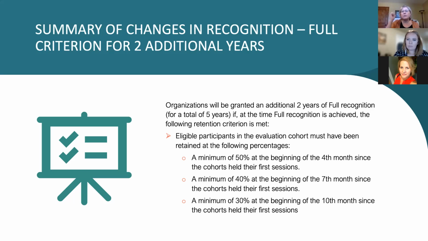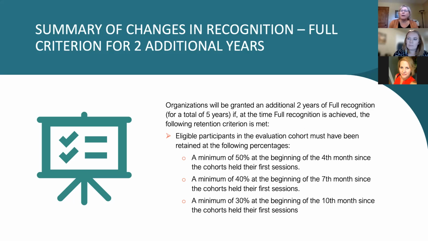So there is an option of obtaining an additional 2 full years of recognition. Generally, we've had that 3-year recognition benchmark. And now you can get an additional 2 full years by having some retention statistics.